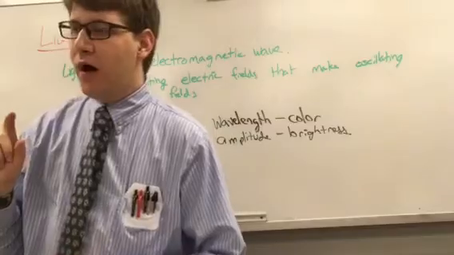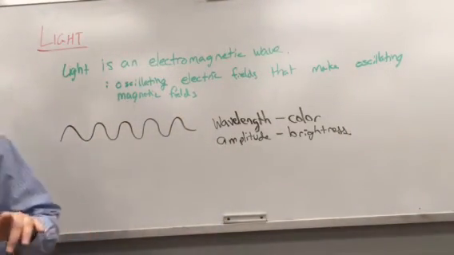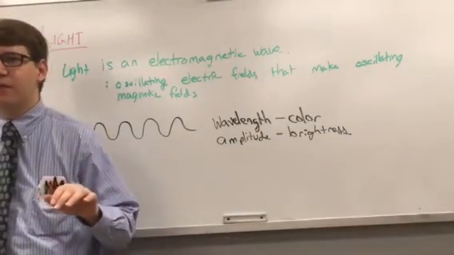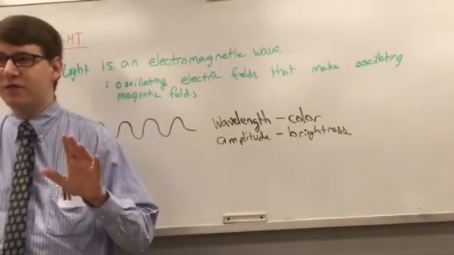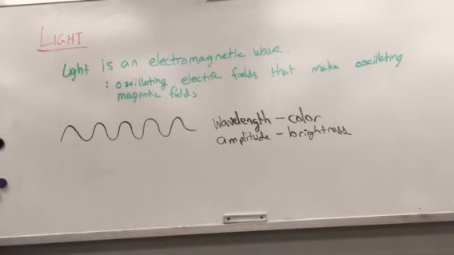But a lot of the times, drawing our waves like this is difficult, because when I start thinking about waves that are moving in more than just one dimension, it's easier to draw.